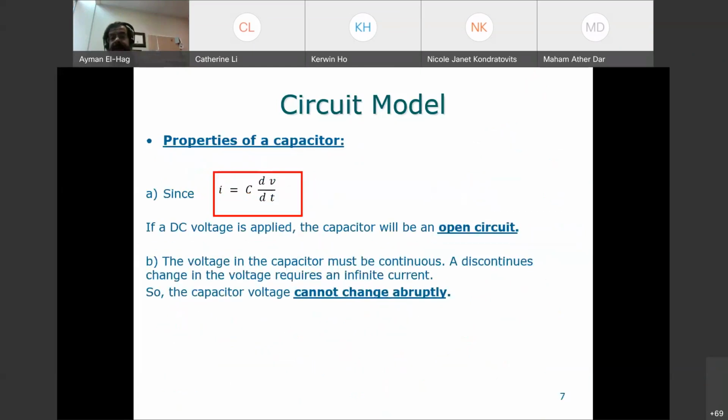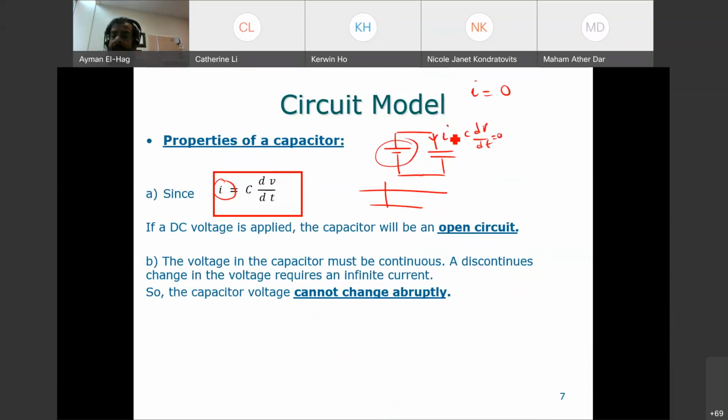Now, if I have a DC voltage, as this is the case, applied to a capacitor, this voltage is constant, it doesn't change with time. So your I is equal to C dV by dt, so your current in DC is equal to 0. I is equal to 0, because dV by dt is equal to 0.